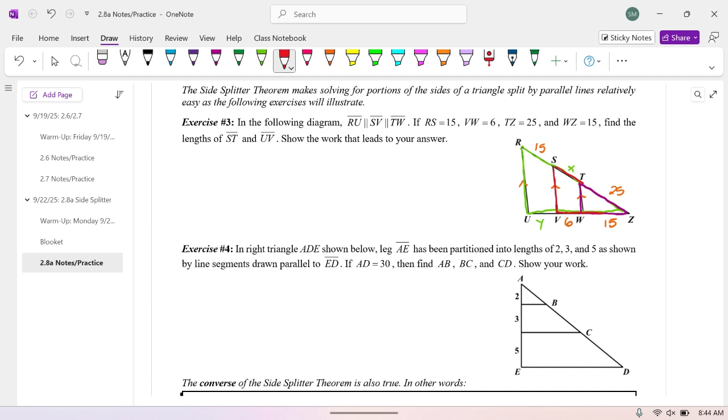I'm going to start by using ZW over VW. They're from the same side, just two different parts of the triangle. And it's going to be equal to TZ over ST. So if I just substitute in the values that I already have, what would this proportion be?